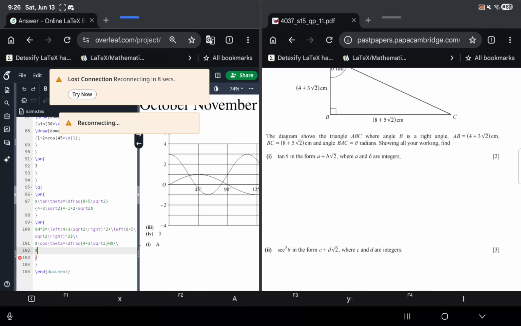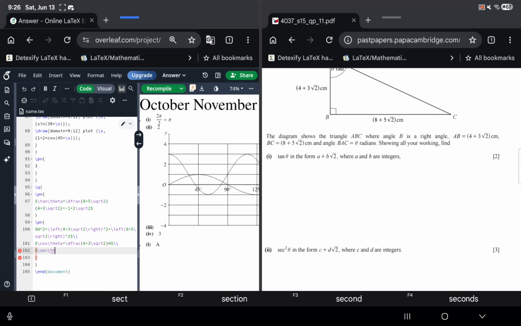Sorry, I was seeing my messages. Now we square this. So we get secant squared of theta is equal to h squared over this monster. Nice. I've seen that monster sound trend one time.